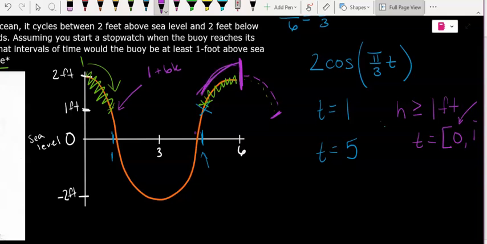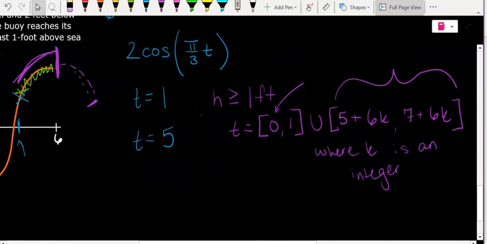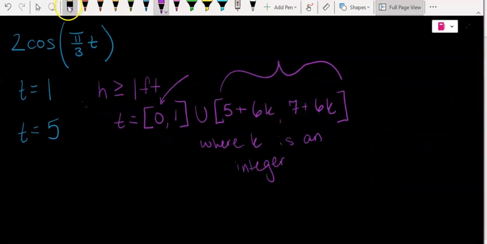So I've got to figure out what this one would be and then find my next entire whole interval where it's going to be greater than 1 foot. And that's what I'm going to do for that. So this right here would be my final answer. Hopefully this helps and makes a little bit more sense for y'all.